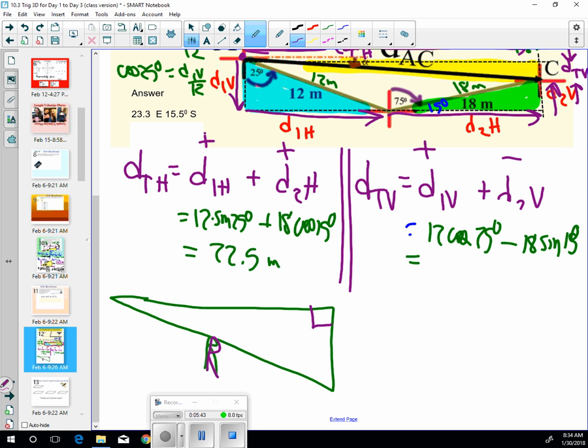Did you get it, Isabella? 6.2. Anybody second that? Yes, good. All right, so now we have 6.2 meters here, 22.5 meters here. And anybody second 22? I think we got that already. And so once you know this, now we're looking at our yellow triangle.